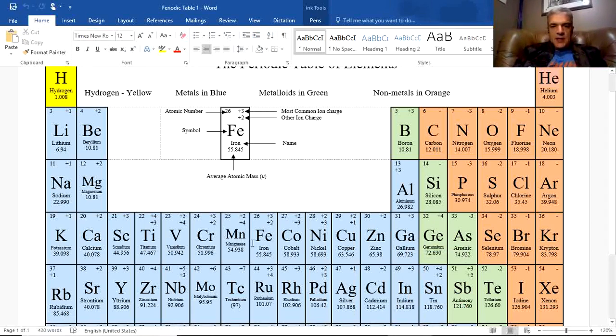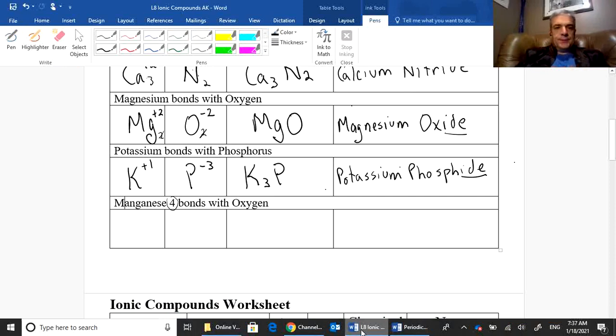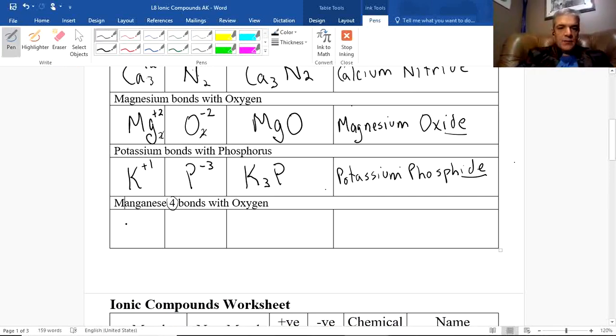And they're saying it's not the actual preferred ion, it's the second choice ion. So manganese 4 is Mn plus 4. And oxygen is -2. So I'm going to write in manganese 4, Mn plus 4, and oxygen -2.